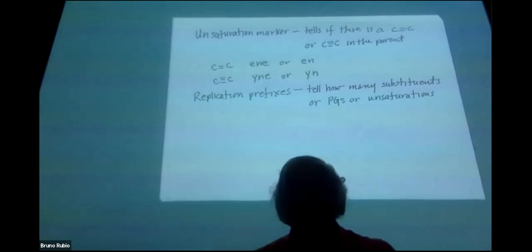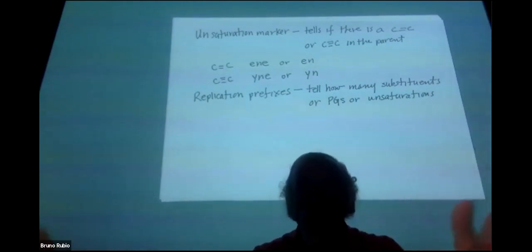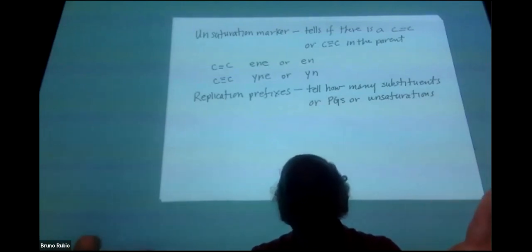Okay, and this is more stuff to memorize. It's kind of similar to the meth, eth, prop, and so on and so forth. So these are just ways of counting.